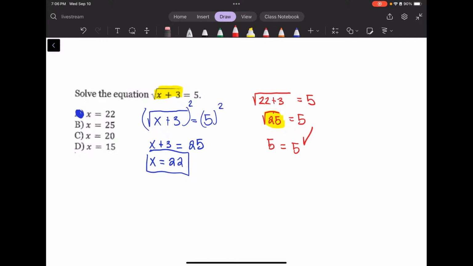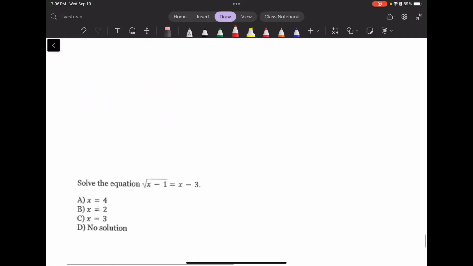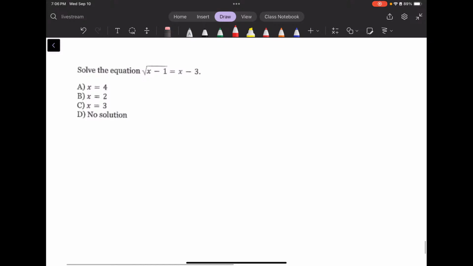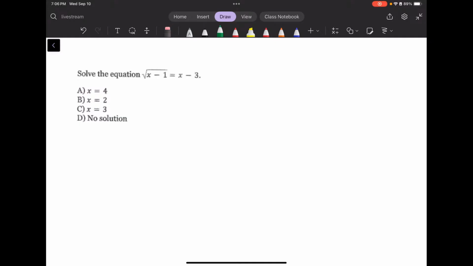So this is going to be the square root, or radical, of 25 is equal to 5. Once we simplify this, what we're going to get is 5 is equal to 5. So we know that when x is equal to 22, it is a solution for the radical equation, and this would not be considered an extraneous solution.